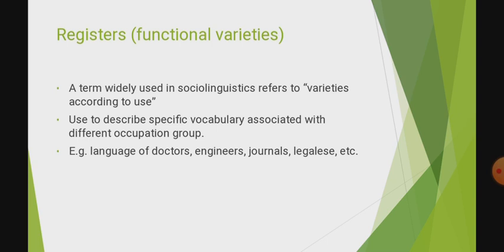Like the language of doctors is different from the language of engineers. The language of engineers is different from the language of journalists. You can see the language of every occupation is totally different from another occupation. Doctors use their own words such as microorganisms, macroorganisms, zoology, botany, biology.